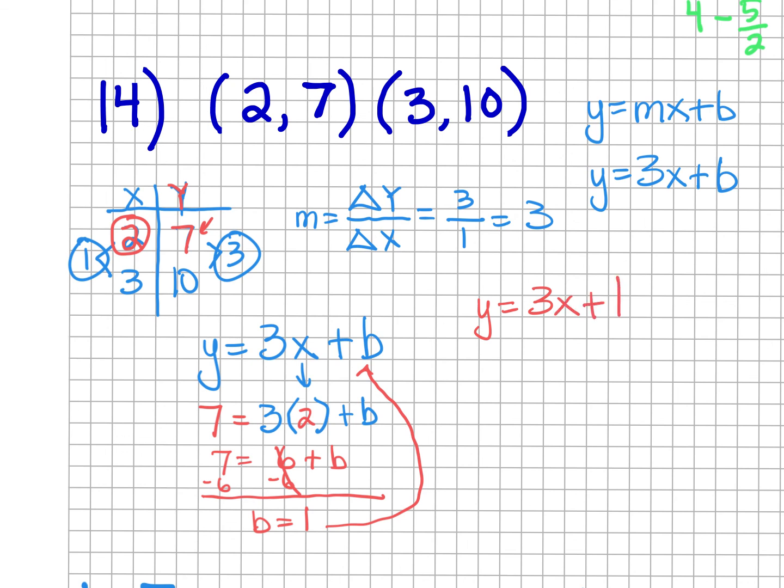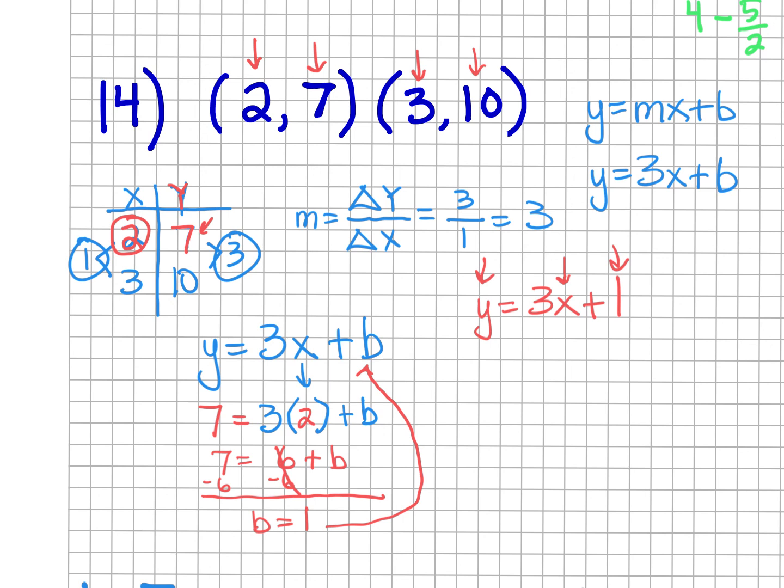Let's see, is that right? If I look at my x number, this is saying I should be able to multiply my x value by 3 and then add 1, and that should get my y number. Here's my x number, 2. 2 times 3 is 6, plus 1 is 7. Yep, it works there. 3 times 3 is 9, plus 1 is 10.